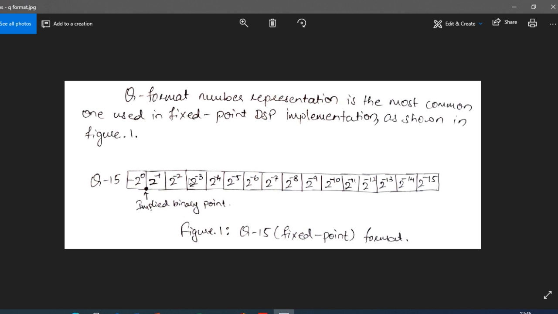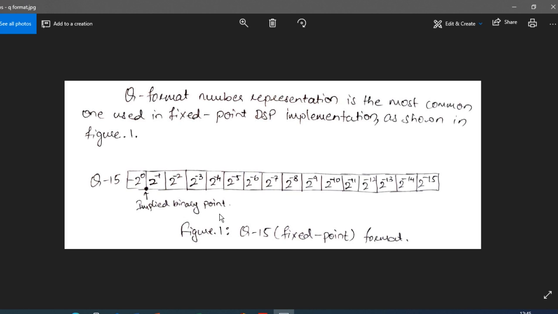Whatever the input data, the coefficients, or the output data, once you perform any operation on the input data using the coefficients, the result should be within the range of this Q15 format. Then only can it prevent overflow in the design.